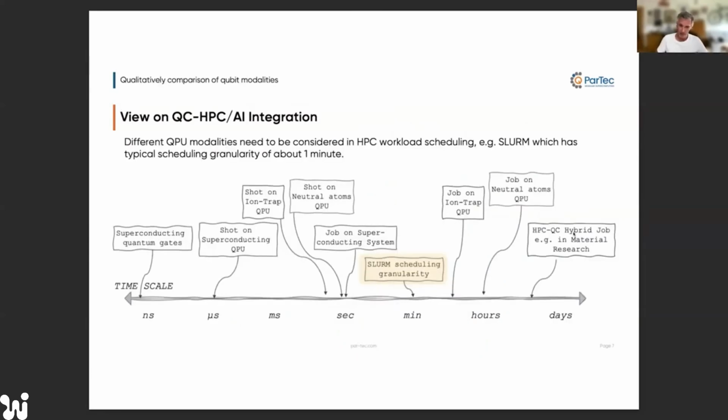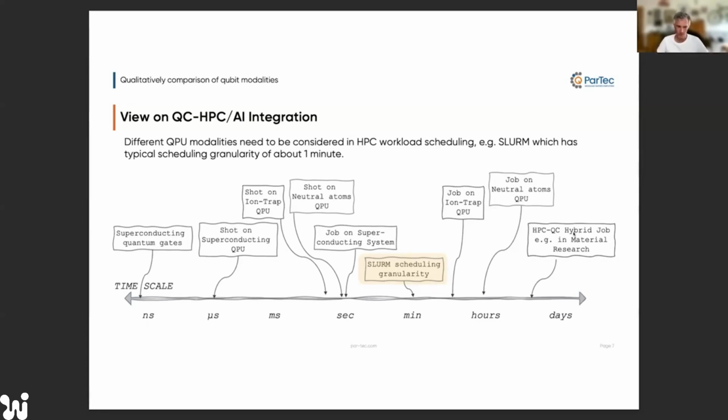One example of how problematic it could be, and of the differences in thinking: if you are an HPC administrator, you are using a workload scheduler like Slurm, and the Slurm scheduling granularity is about a minute. But on the other hand, with superconducting quantum computers, the quantum gates take nanoseconds, but a quantum gate does not make a circuit.